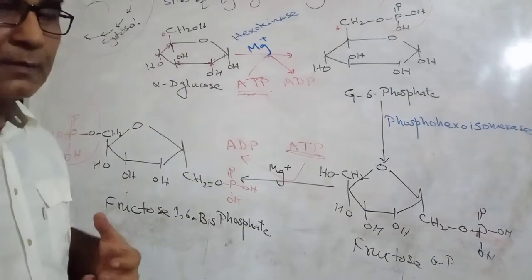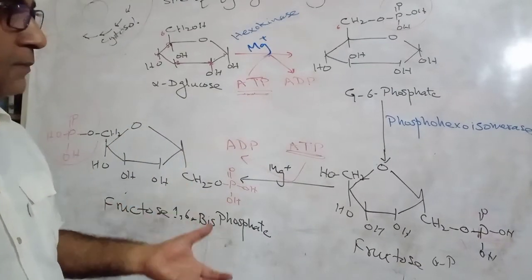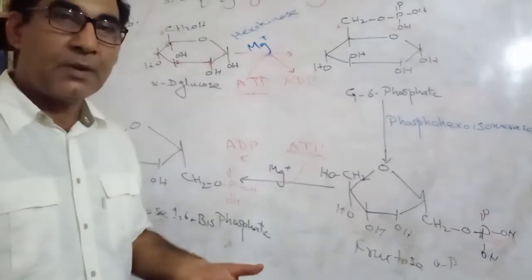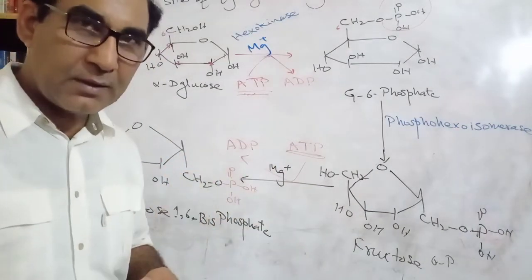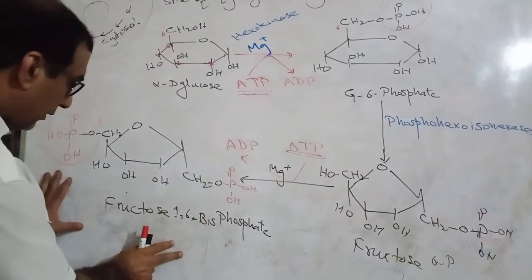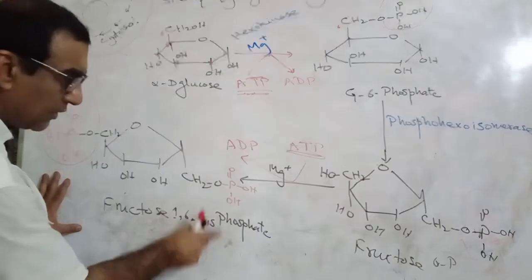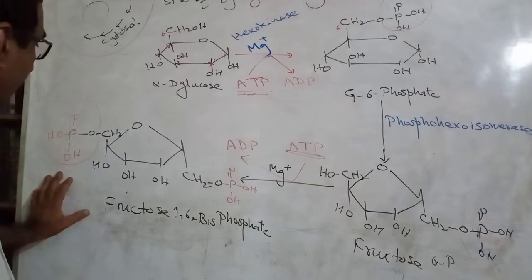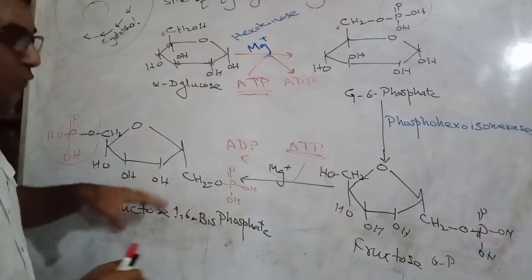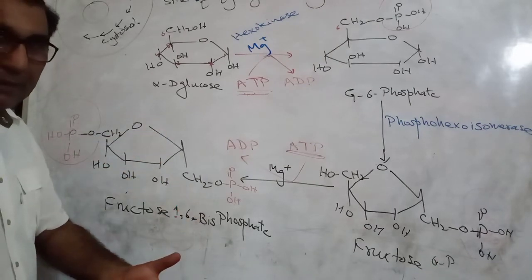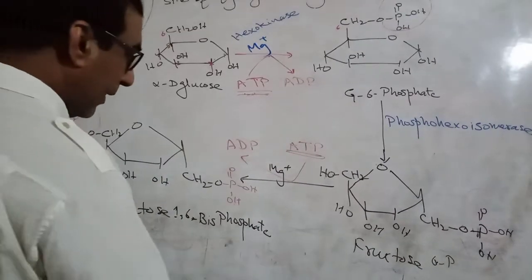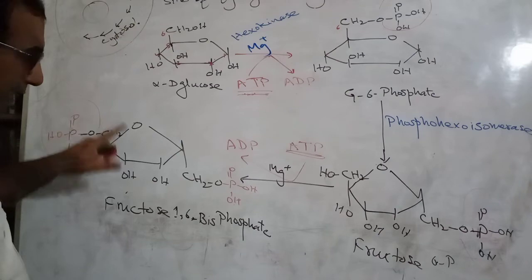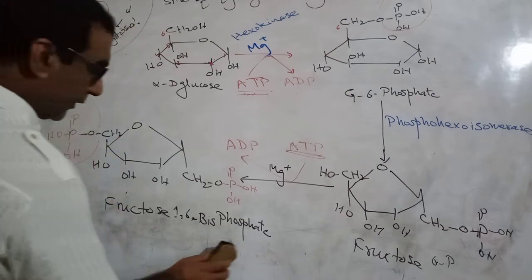And then the payoff phase comes when it becomes ready for getting the product. Now this fructose 1,6-bisphosphate is ready to pay back. Let us see how it pays back.